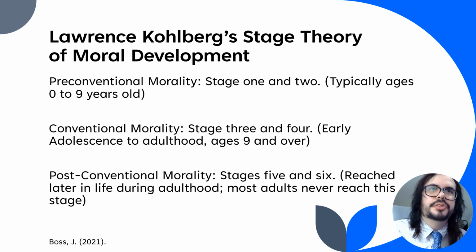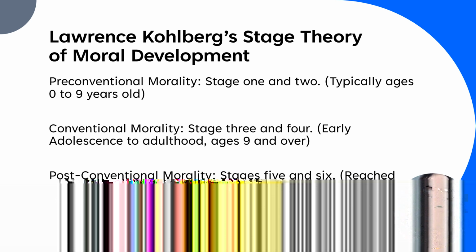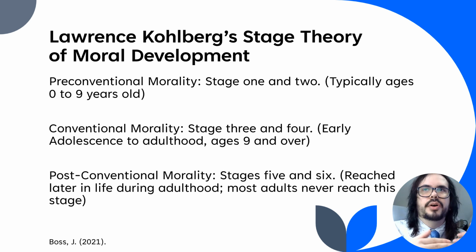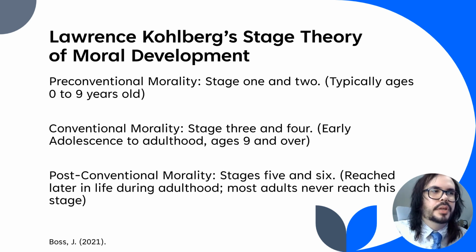And then there's the final level, the post-conventional morality level, which, as the name might suggest, comes after that average level that we usually land on. A lot of people don't reach this level. Most people think in terms of conventional morality.